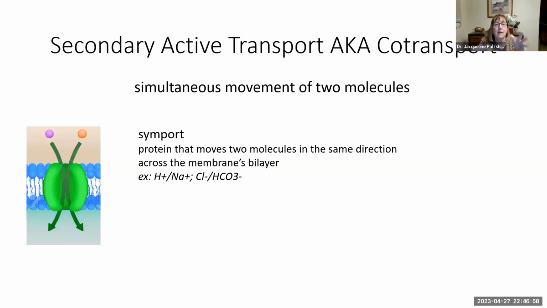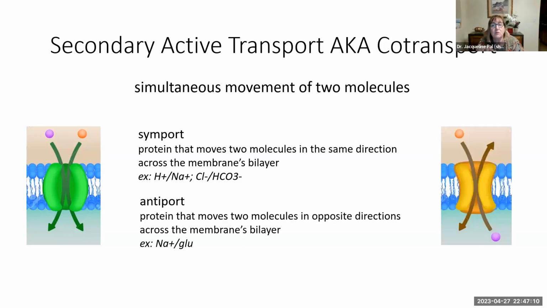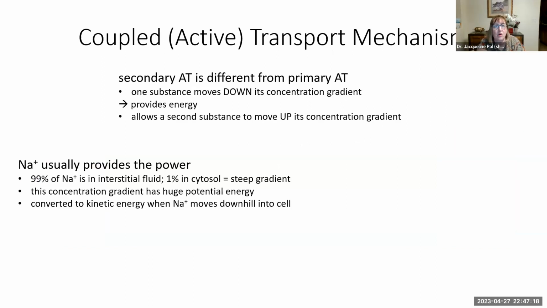And we have 2 types. A symport type of secondary transport is when the 2 molecules are going the same direction, like if they are both extracellular and they're coming intracellular, or vice versa, as opposed to an antiport, which means they're going in opposite directions. Okay, so let me show you how that works.